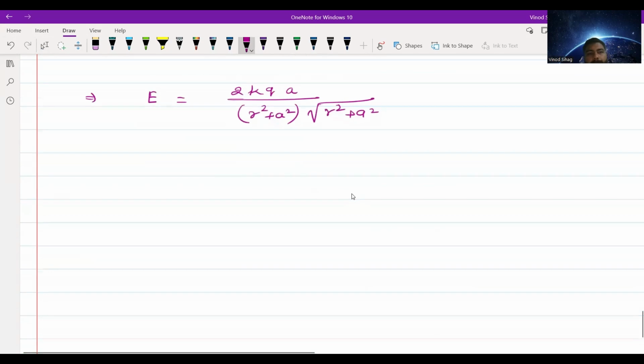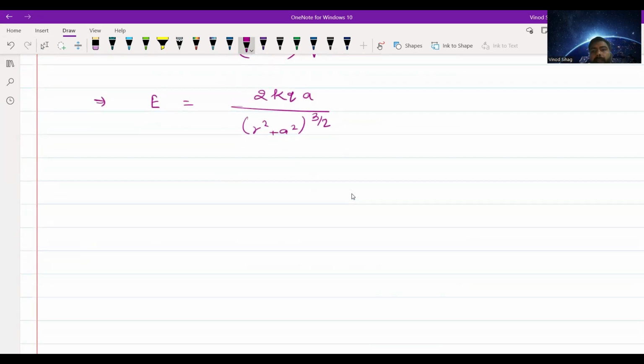If we simplify it, then we will get E equals twice of kq into A upon R square plus A square to the power one, times R square plus A square to the power one by two. So it will be added because the base is same, so R square plus A square and its power will be 3 by 2.